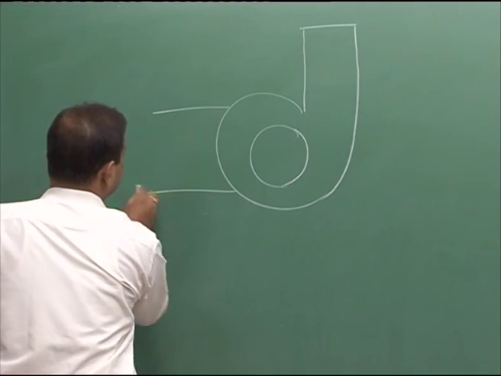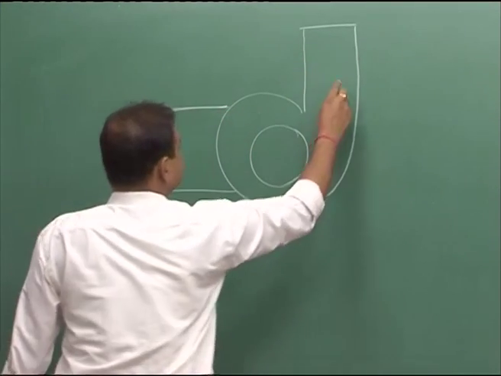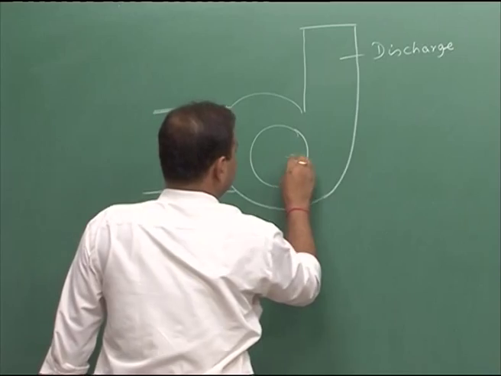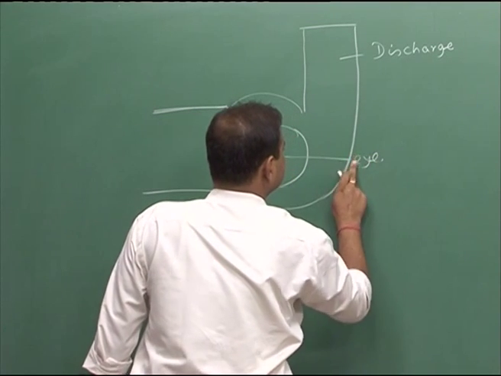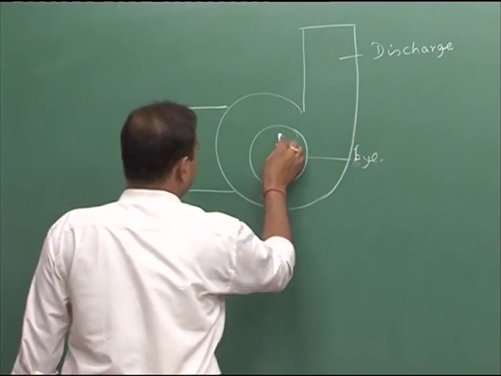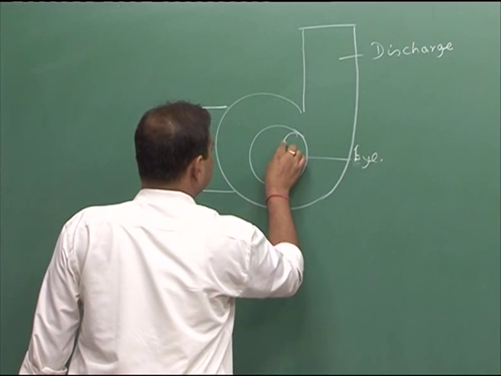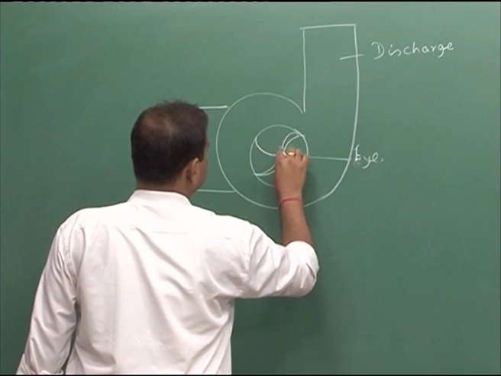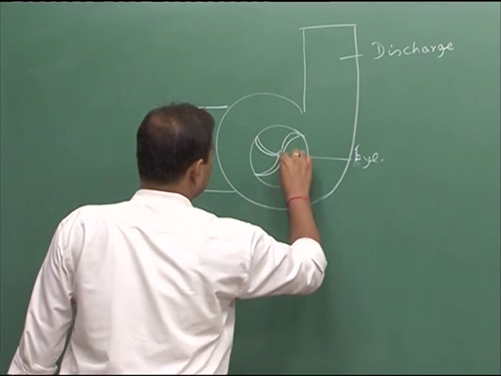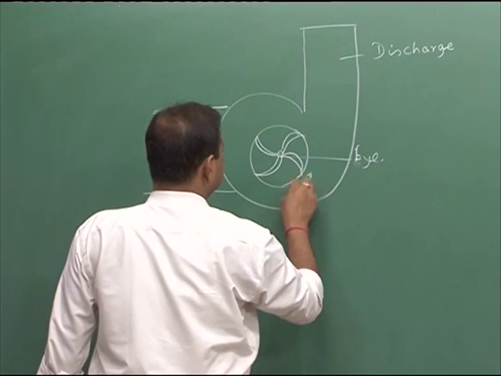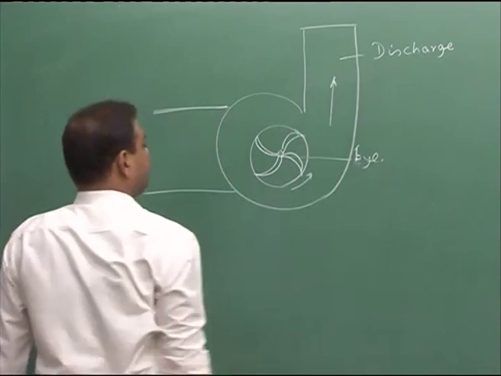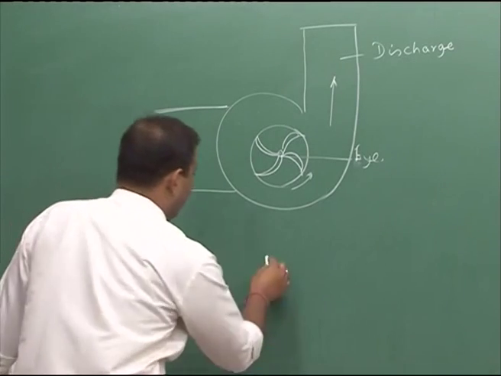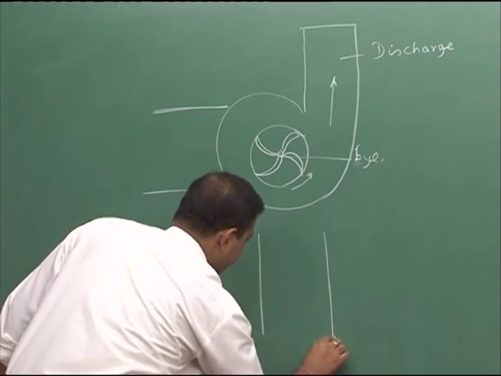This is the suction section, this is the discharge part, and this is the eye part. In that eye part you have the impeller blade, and it is rotating like this, and water is moving this way, getting sucked through this eye zone.